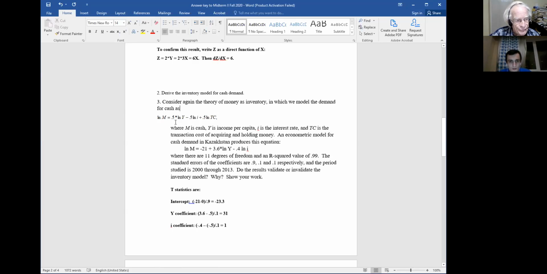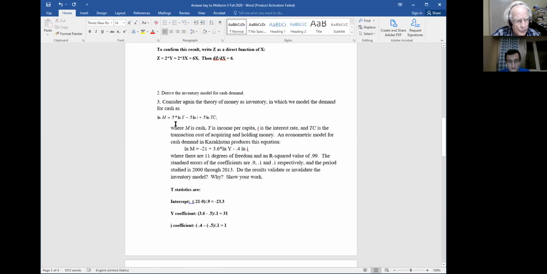Okay, so as you have pointed out, the theory predicts a coefficient on the natural log of income of 0.5 and a coefficient of minus 0.5 on the natural log of the interest rate.